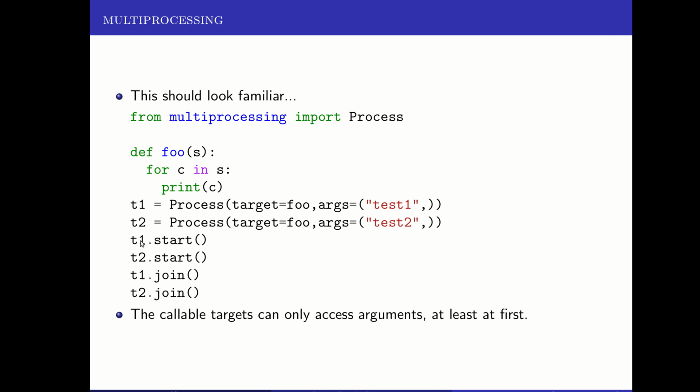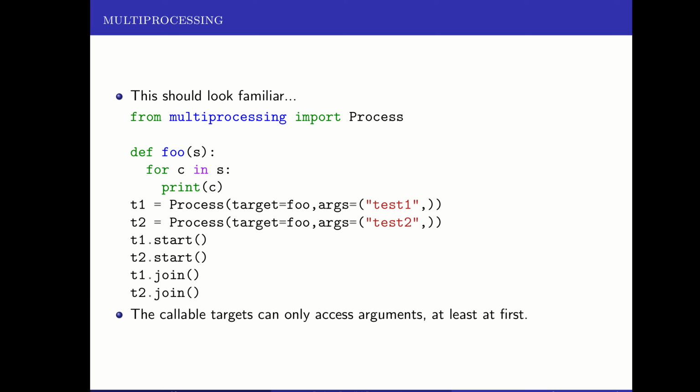I start them both. Why did I call them T1 instead of P1? I don't know, probably because I copied code from elsewhere, so be careful about that. But I start the two of them, and then I wait for them to join, meaning waiting for them to finish their jobs, and it's the same basic outline.